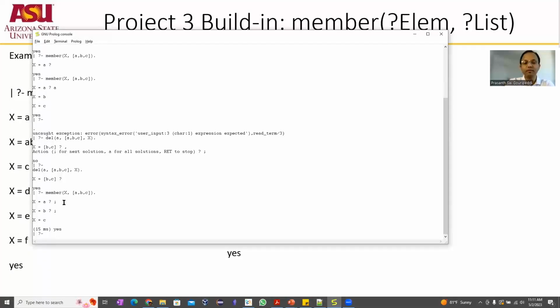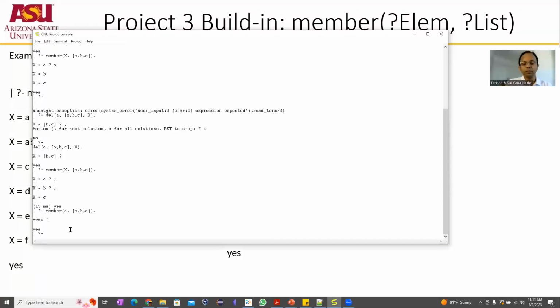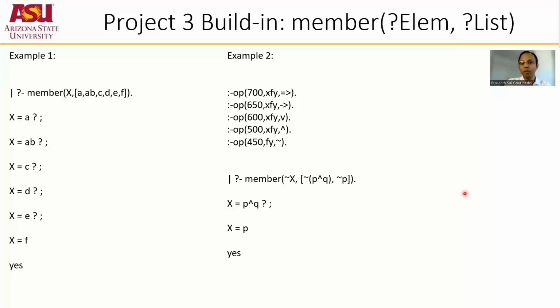So it picks any one of them to be the value, and if you provide X as A, it will tell yes or no. So I take the same thing and replace X by A, and it says true. That's the working of the member function. It tells us if there is a particular formula available in the list or not.